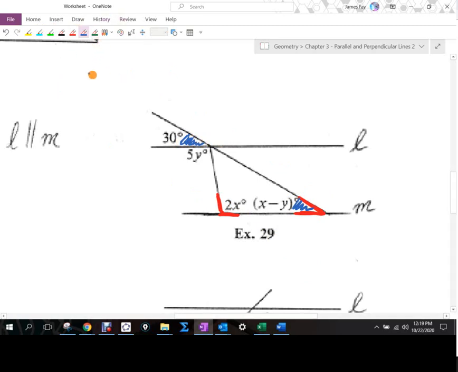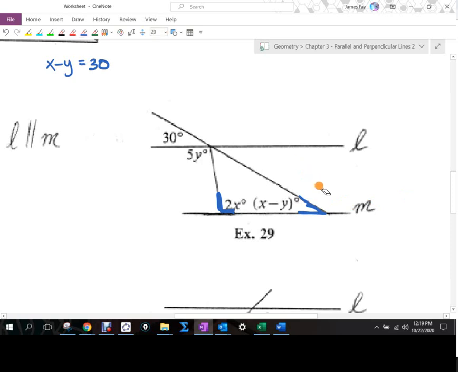Is that okay there? So x minus y is equal to 30, okay? And I'm good with that. Now, I thought I heard you say that you took 2x, that angle there, and x minus y, that angle there, and said they were supplementary, right?